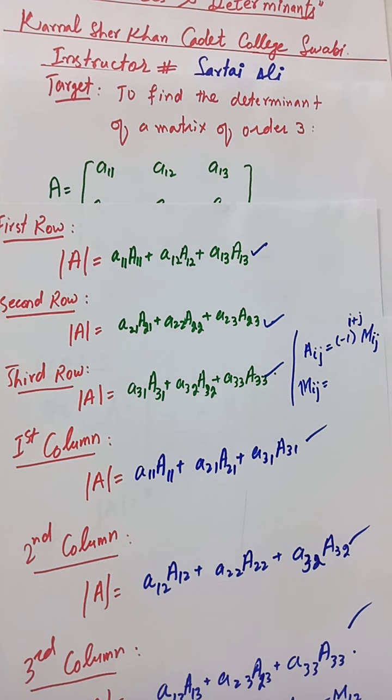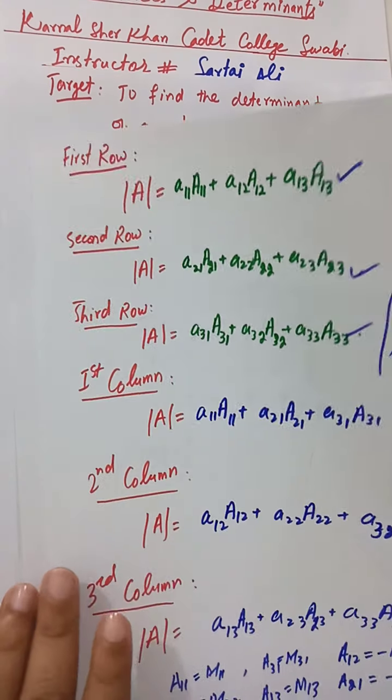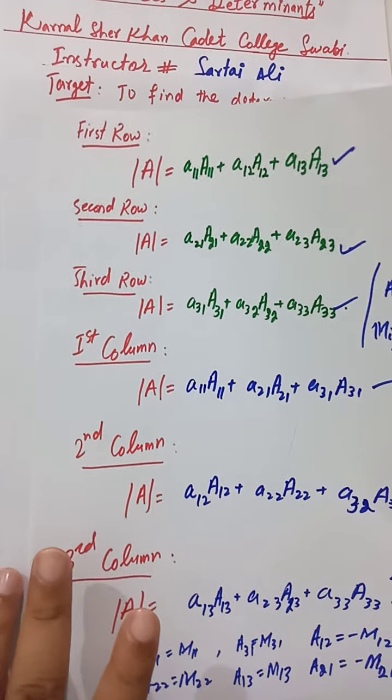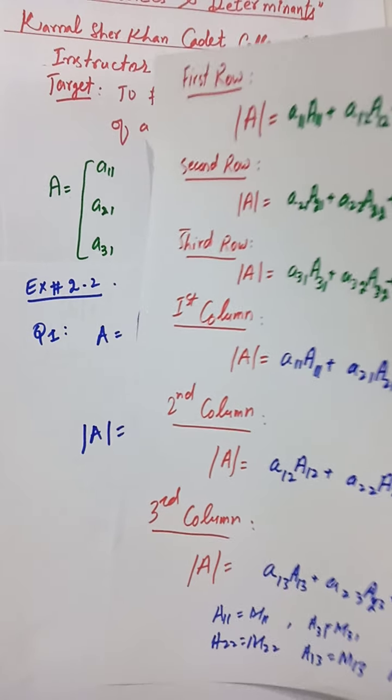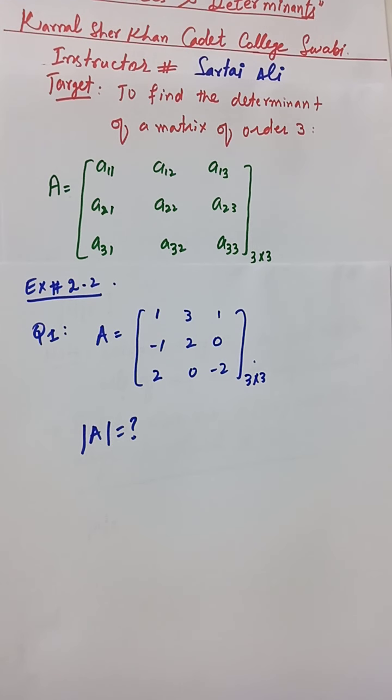So if a row or a column contains the maximum number of zeros, the calculation becomes easier, because we don't need to find the cofactor of the element which is 0; a cofactor is a number, and multiplied with 0 you will get 0. So for easier calculation, remember this point: we expand the determinant along that row or that column which contains the maximum number of zeros.